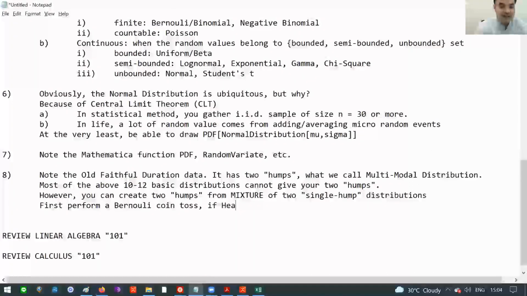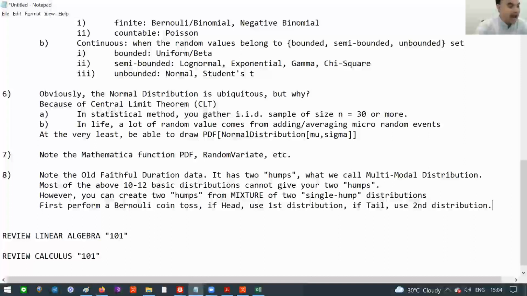If heads, use one distribution. If tails, use the second. Does that make sense?